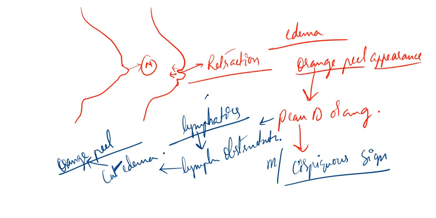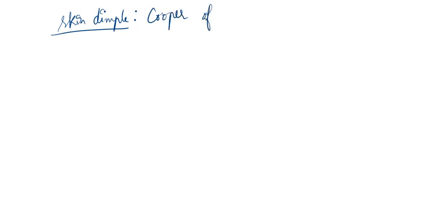Now we have got to know the reason behind the orange peel-like appearance of the skin. Now we will discuss one more thing. If there is skin dimpling, like a dimple, then obviously there is a chance of involvement of the ligaments of Cooper.